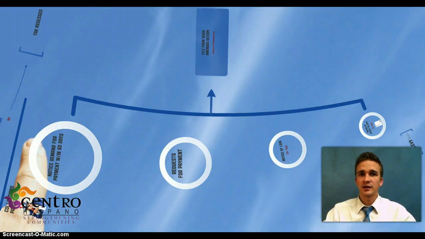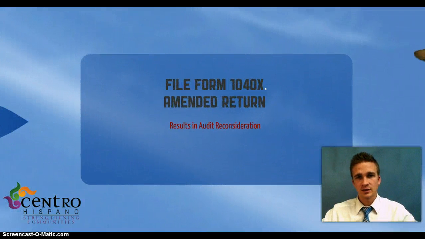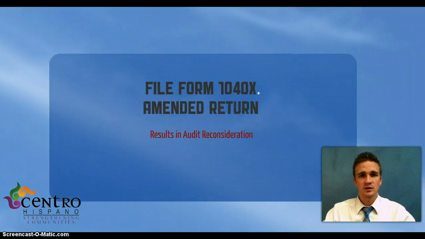If they have incorrect information, there's still something you can do. It's called an audit reconsideration. One of the easiest ways to trigger an audit reconsideration is just filing a Form 1040X amended return. What that basically does is it presents new information. It's saying, okay, this is the way that the return was filed. There was a mistake. It was incomplete, and here's some additional information on that.